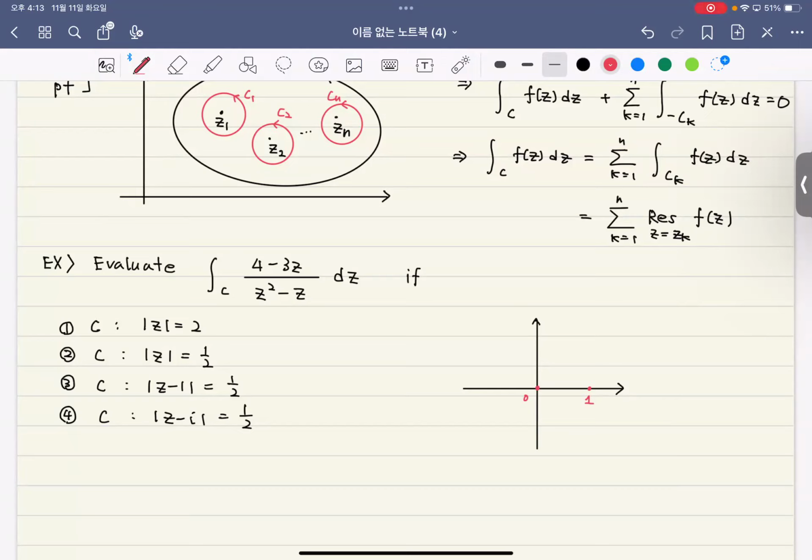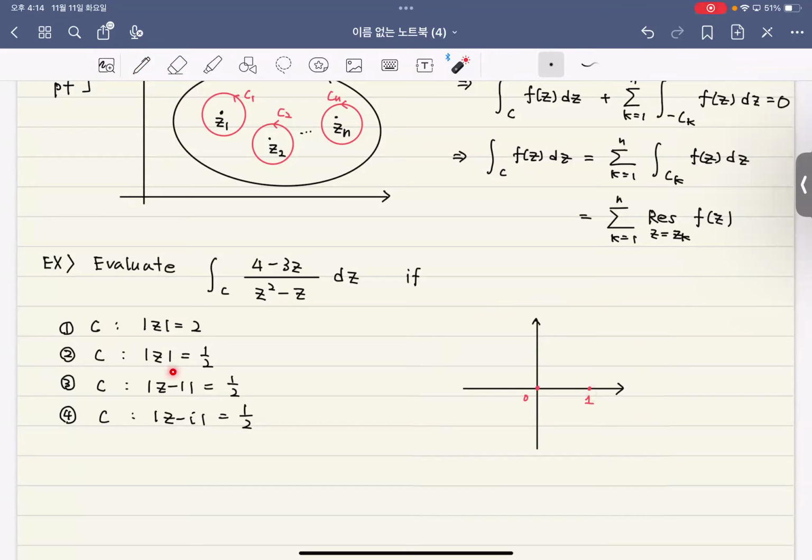All right. So the first curve is |z| = 2. Sorry, I don't want to ruin my picture. Yeah, so forget about this curve. But the first curve is enclosing these 2 singularities.